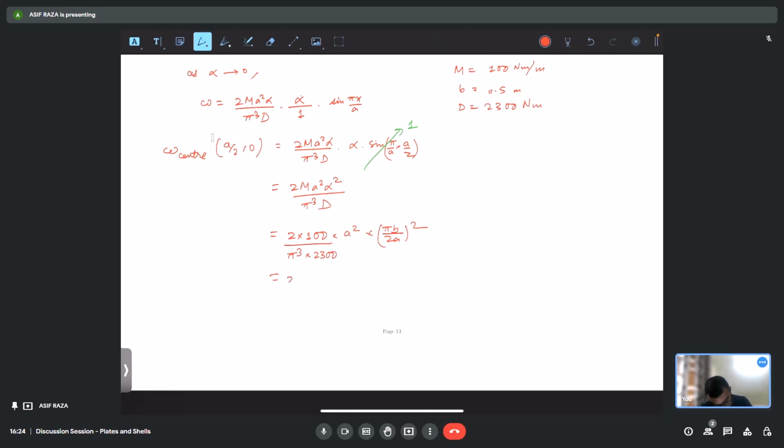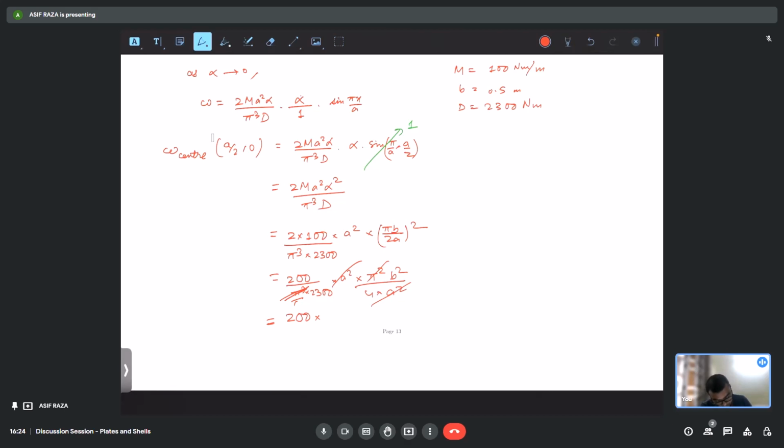So 200 pi cube into 2300 a square. We have pi square b square by 4a square. This cancels out. So finally 200 pi square will be cancelled out and we will be having pi.